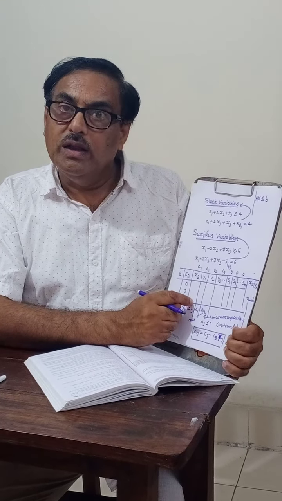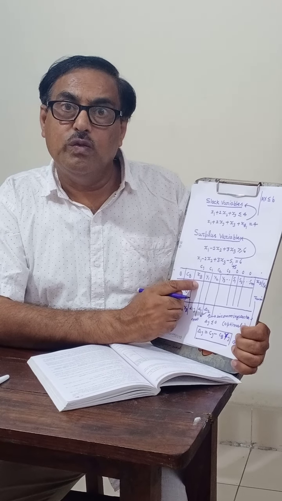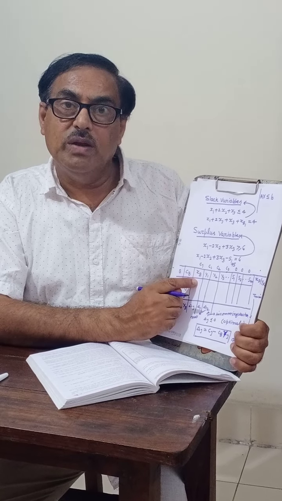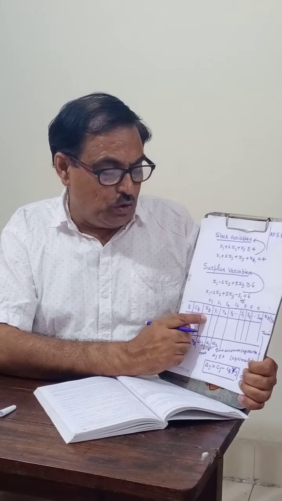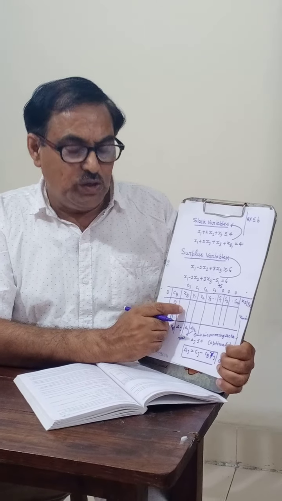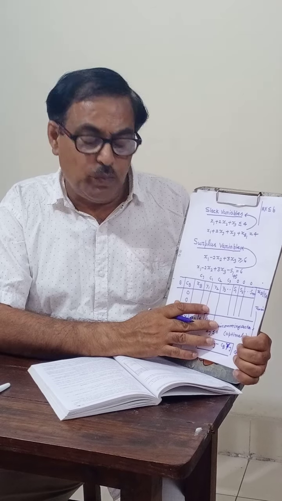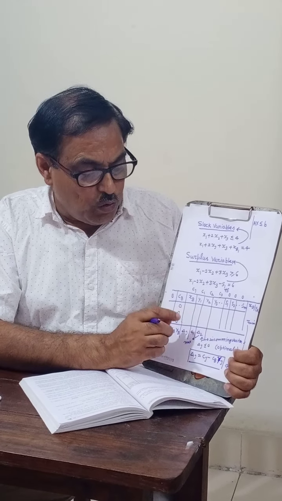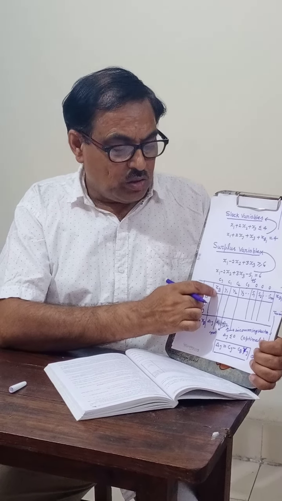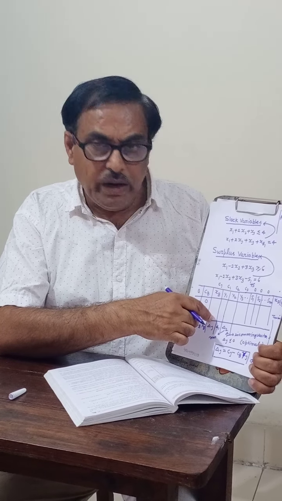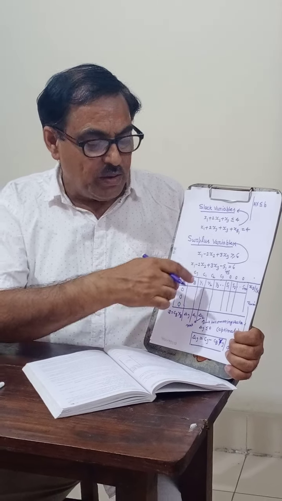XB is the initial basic feasible solution, meaning the values of slack variables when all decision variables are put 0: XB1, XB2, XB3, and so on. Here we are explaining a simplex table of 3 variables only. So in the third column we write XB, the values of basic variables.